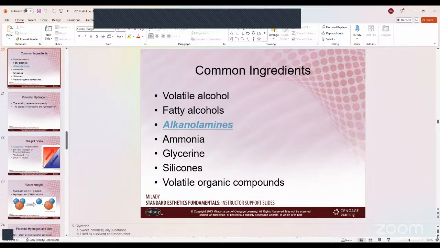Glycerin. I love glycerin. All right. Glycerin, sweet, colorless, oily substance. Now let me give you this fact. I took a class.